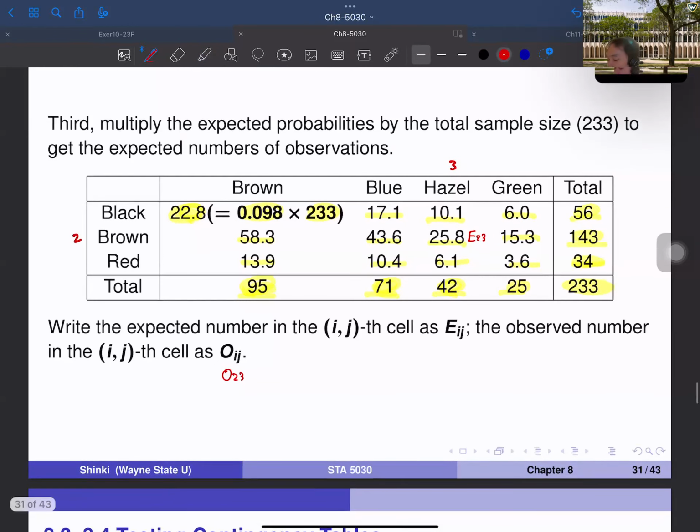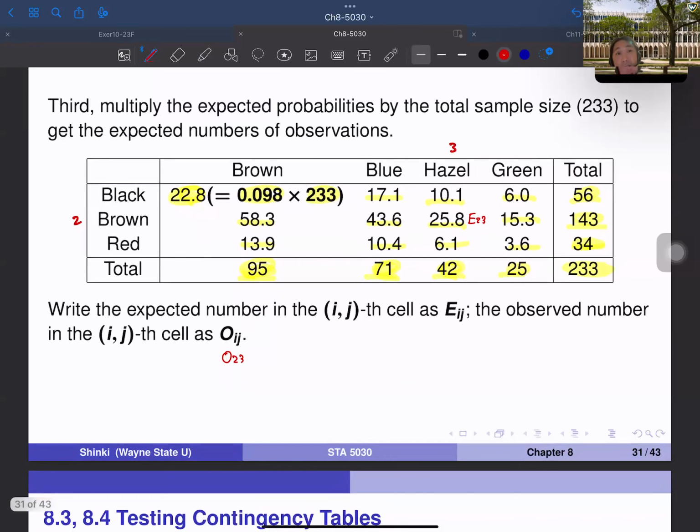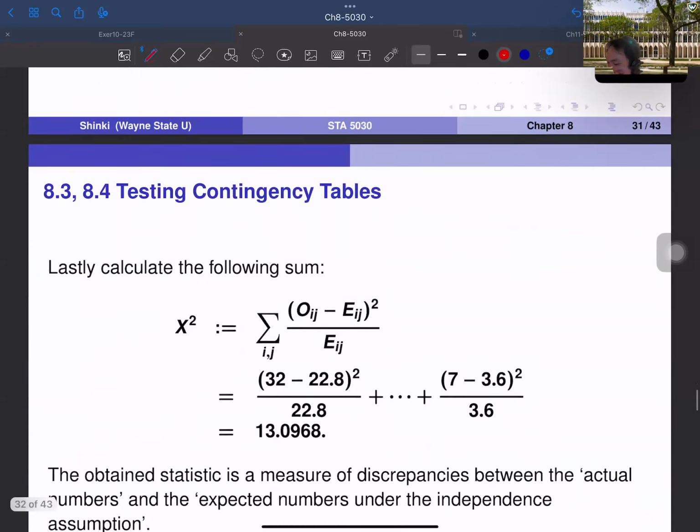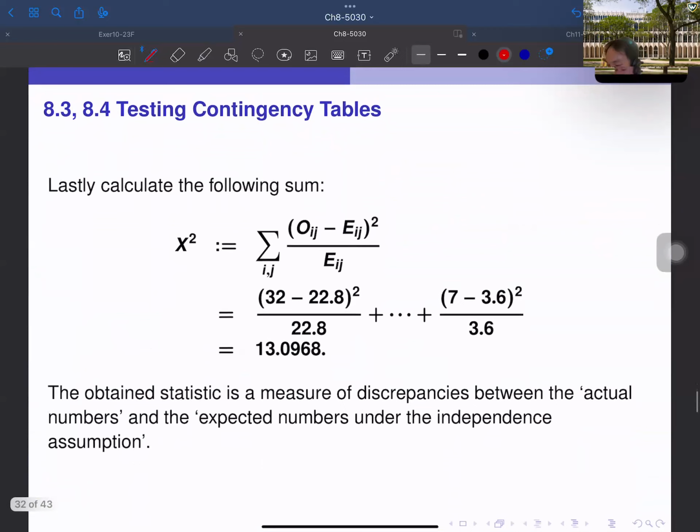And we basically think about the difference between the E's and O's. Our test statistic here is: take the difference between O_ij and E_ij, then take the square, then divide it by E_ij, then take the summation. So taking the difference and taking the square is a pretty natural idea.